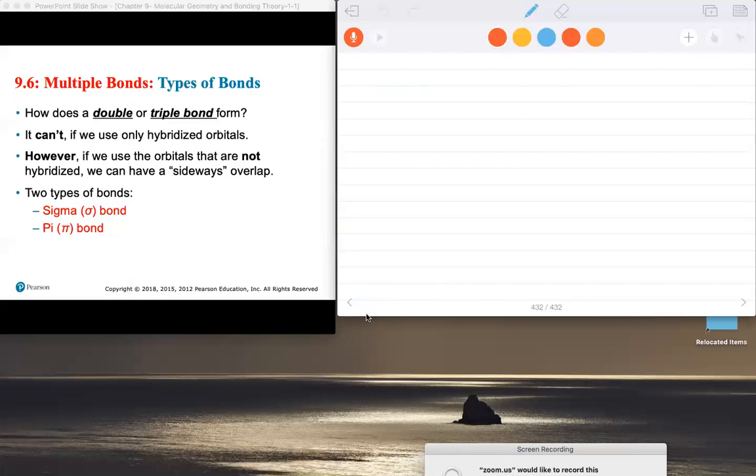In chapter 9, so far we have looked at one bonding theory, apart from the molecular geometry. To this point, I've covered valence bond theory, which chemists abbreviate as VB. How is a bond formed?